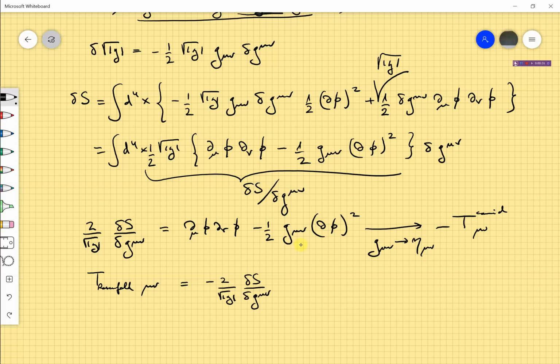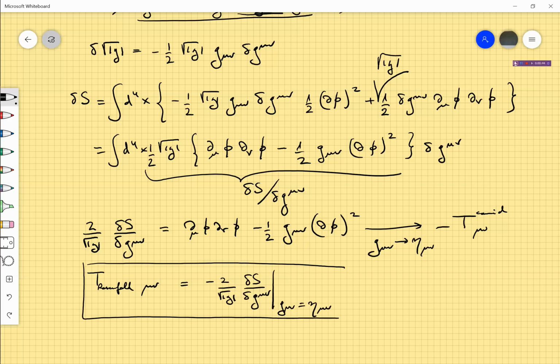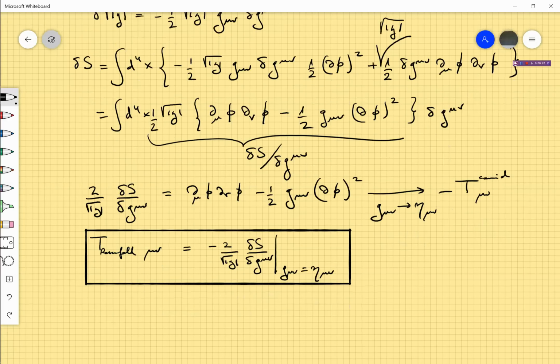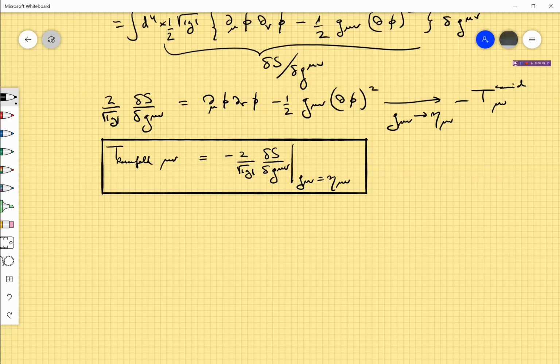If it is with g mu nu with indices up, I need this minus sign, and then set the metric equal to eta mu nu. This gives the energy momentum tensor in Minkowski spacetime. In this particular case of the scalar field, we know that this energy momentum tensor, because it coincides with the canonical one, is conserved.